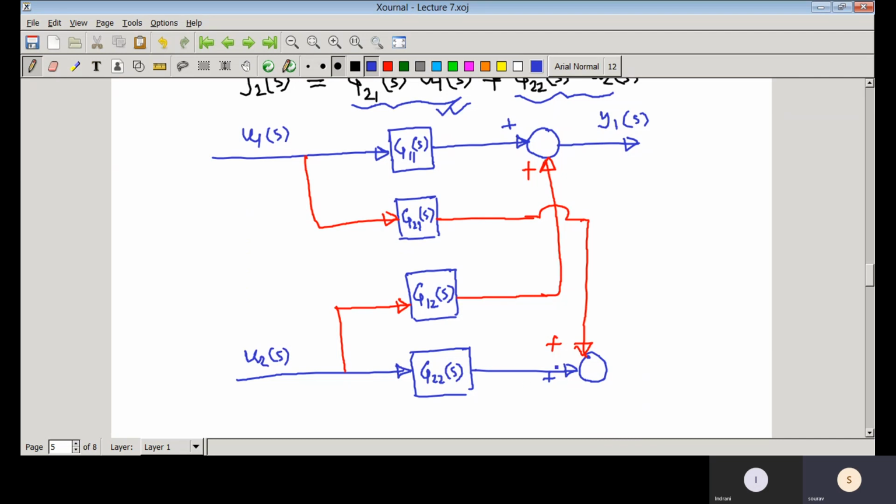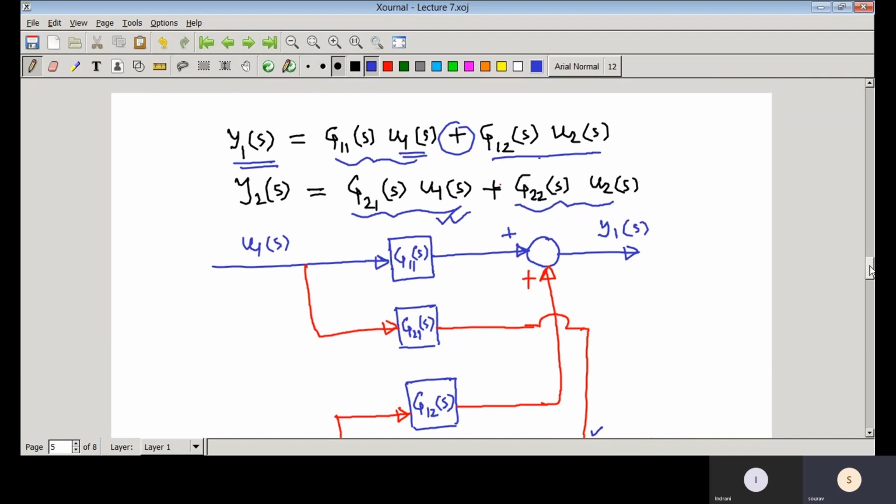That means you take the sum of this output and that output, and finally you will get that Y2(s). So this is actually that multi-input multi-output system, where you can see how the two outputs are related with the two inputs.